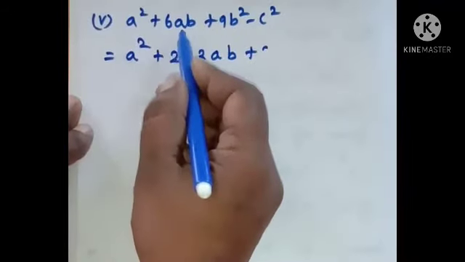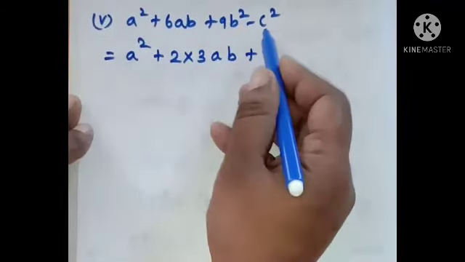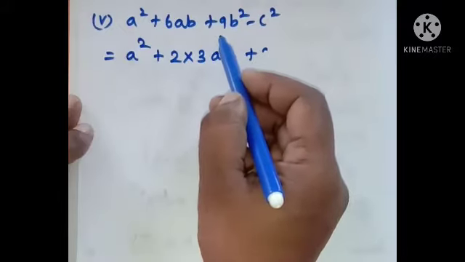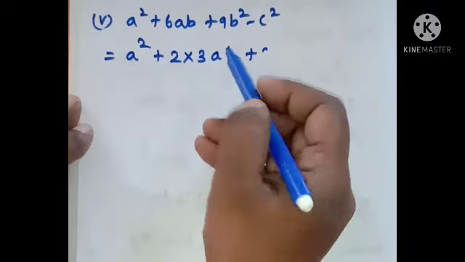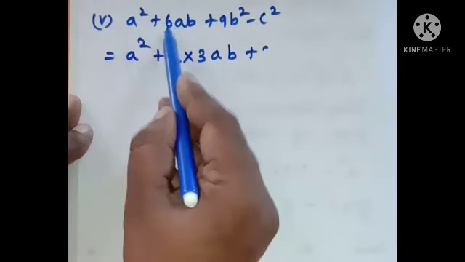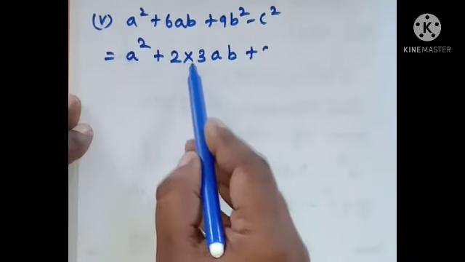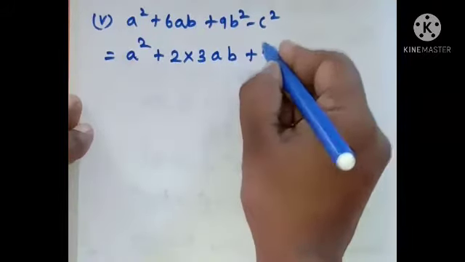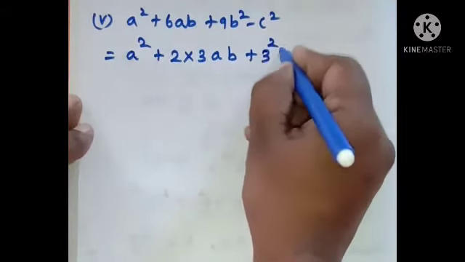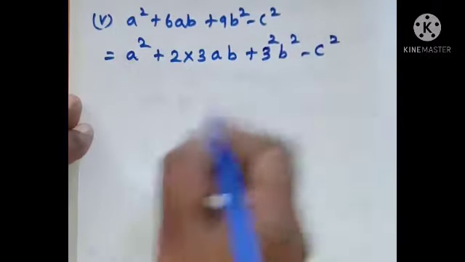a square plus 6ab plus 9b square minus c square. So children, here we are going to factorize the given expression by using suitable identity. And 6 can be written as 2 into 3, 2 3s are 6. 9 is 3 square, b square minus c square.